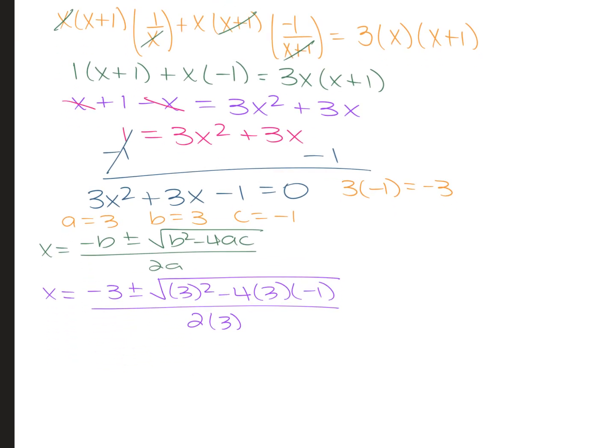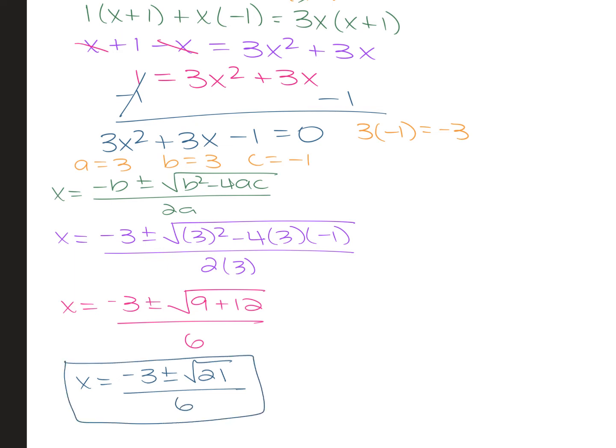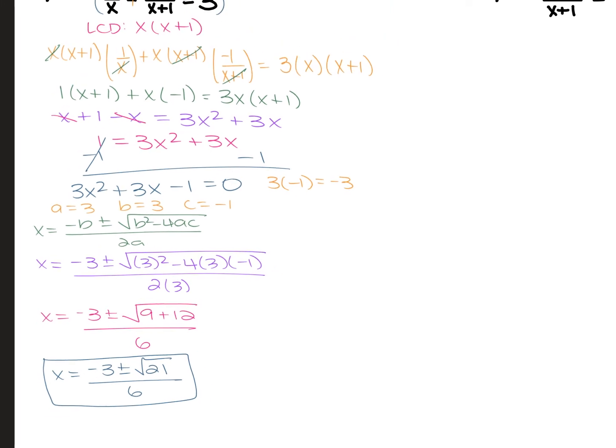This is going to simplify to give you negative 3 plus or minus the square root of 9 plus 12 all over 6. The 9 plus 12 add to give you x is equal to negative 3 plus or minus the square root of 21 all over 6. That square root of 21 does not simplify, so that is your answer.